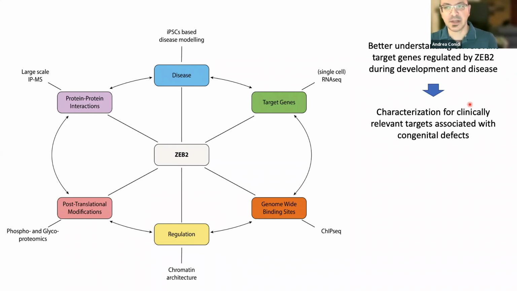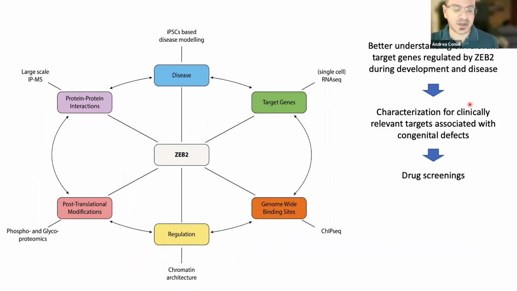This will allow us to characterize clinically relevant target genes that are associated with congenital defects. We can identify genes that, for example, will justify the eye defects or ear defects or the epilepsy. And these we can then target more closely.